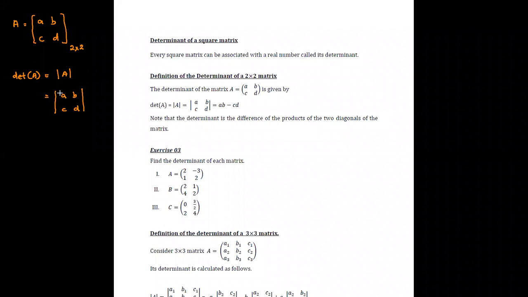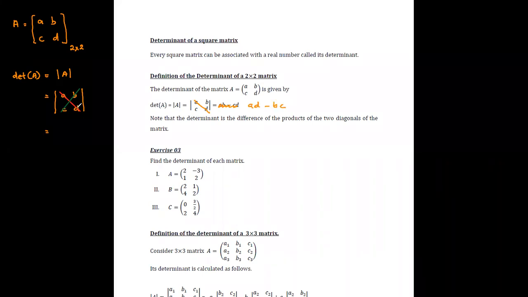First we take the product of the main diagonal elements, and then the quantity obtained from the other diagonal elements will be subtracted from it. Once you multiply a with d, you take ad minus bc.